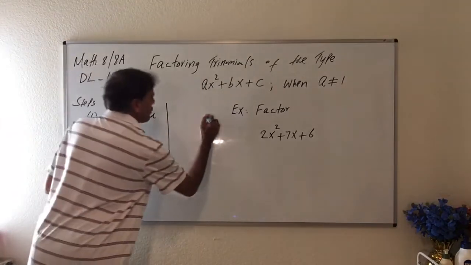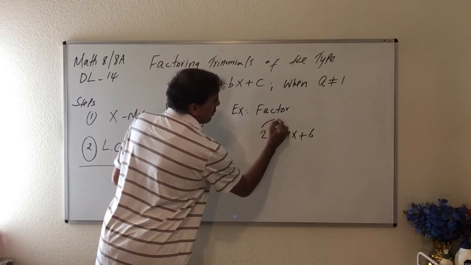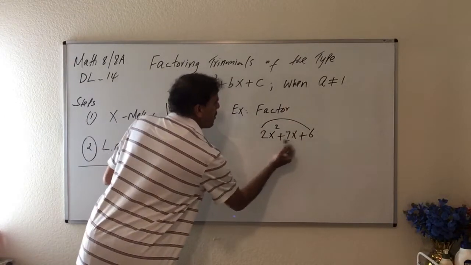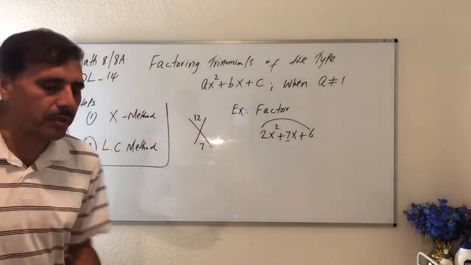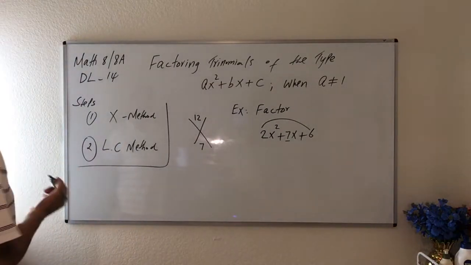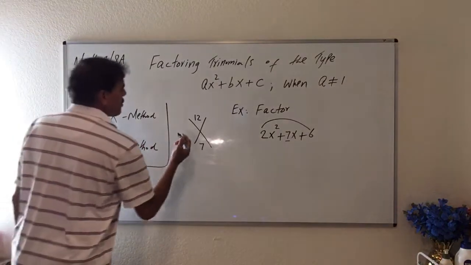So for example this. So x, still going to go like, watch very carefully. 2 times 6 is 12. The bottom number is 7. So now give me two factors that multiply to give us 12 and add to give us 7.